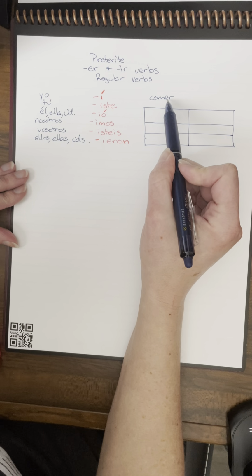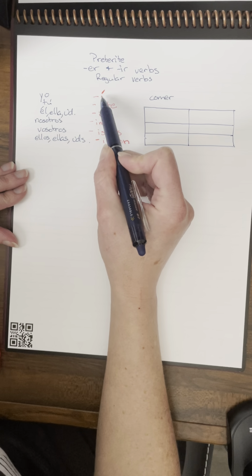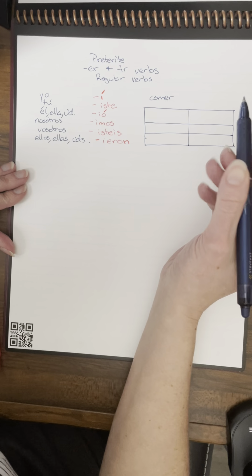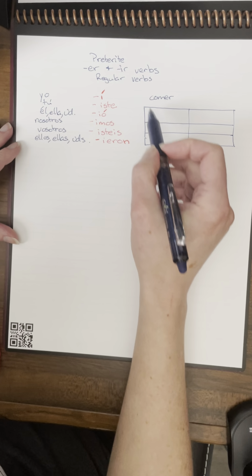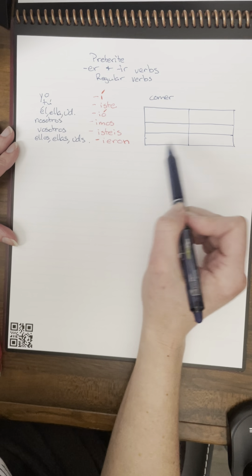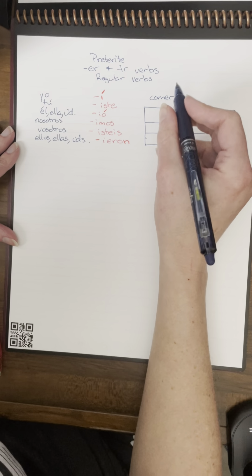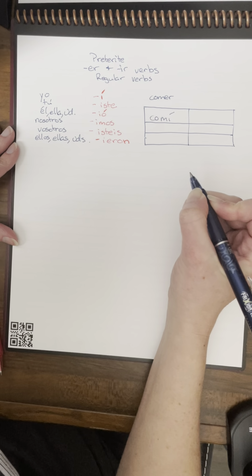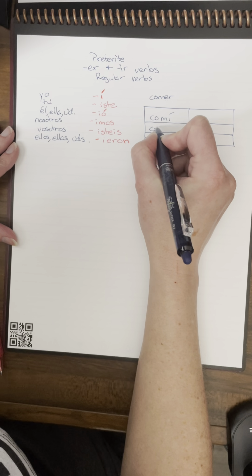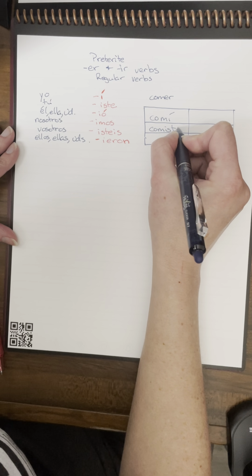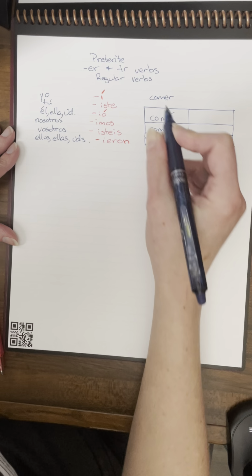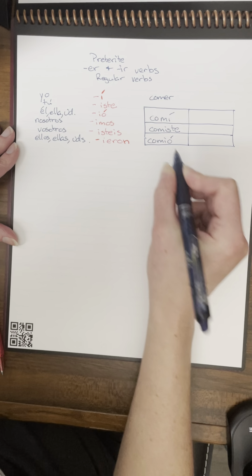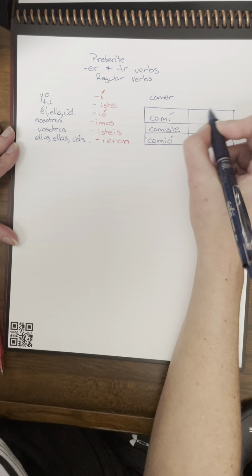So just like before, we take off that ER, we add our new vowel here, and we don't want to forget the accent. Now, I made my chart kind of small, so I'm going to neglect putting the subject pronouns in, but you should know those by now. So we have comí, accent, comiste, to form, él, ella, usted, comió, accent on that O.